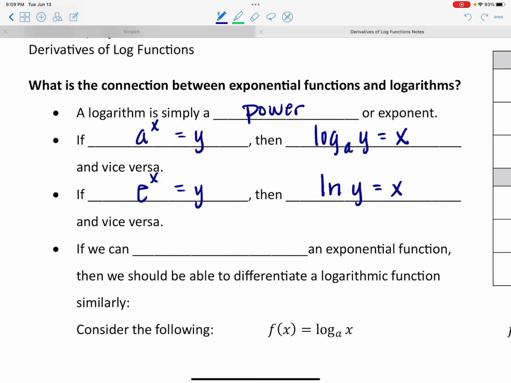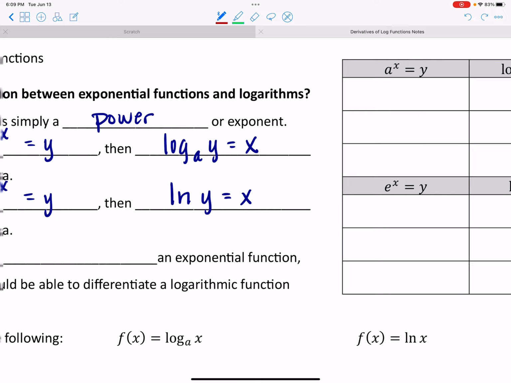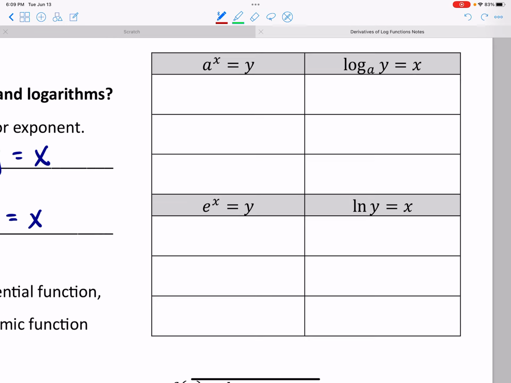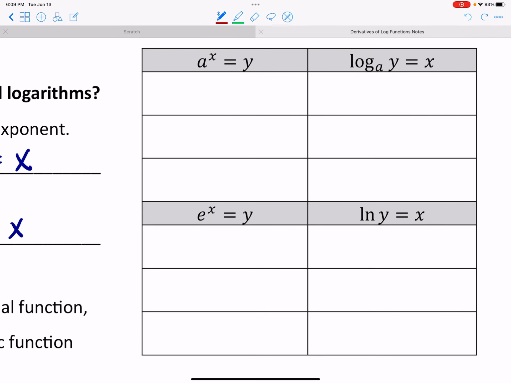Now just to recap this and make sure we're solid going from exponential form to log form or vice versa, I want to show you some concrete examples, because sometimes when they're abstract with just the variables, it's like, wait, what? So for instance, if I said 3 squared was equal to 9, I could also say that the log base 3 of 9 is equal to 2.